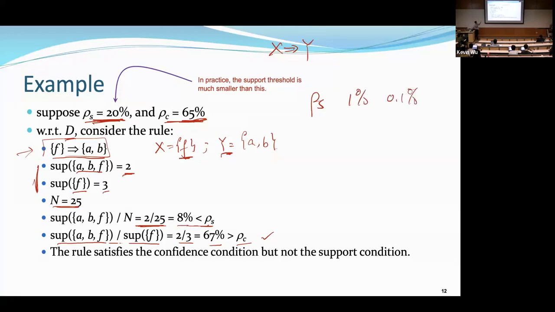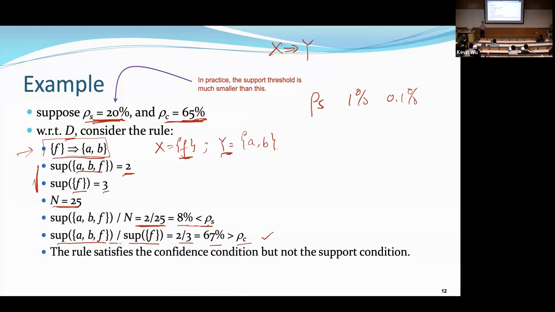20% is way too high because 20% means that at least one out of 5 transactions contain those items. You seldom have specific items in your supermarket that are purchased by more than 20% of the transactions. However, in this toy example, I have to set a fairly high support threshold.